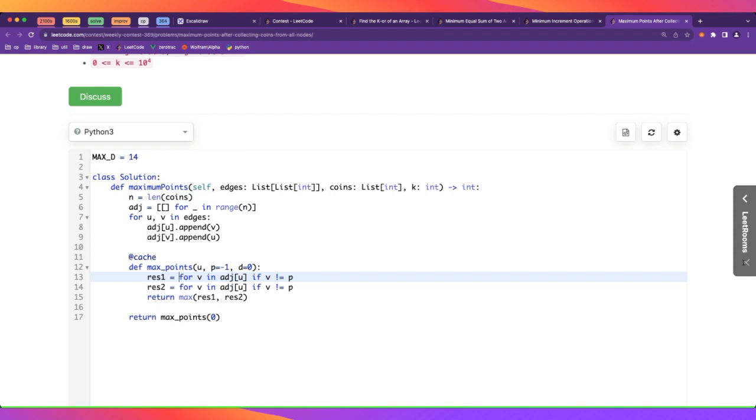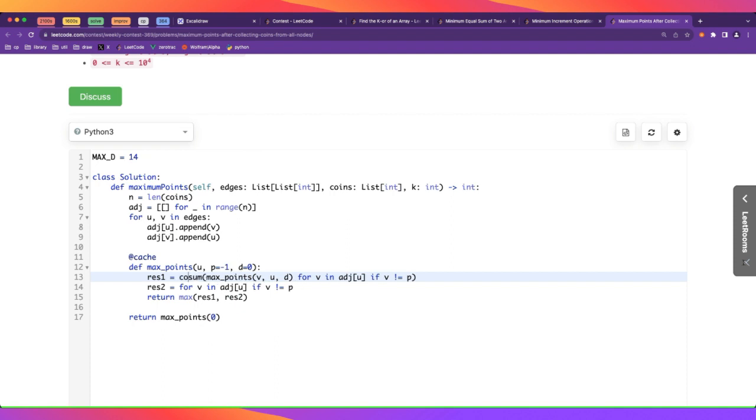And here we are going to use the first way, which is going to call max points for the child B. The parent is going to be U, and we're going to keep D as it is because we're using the first way.